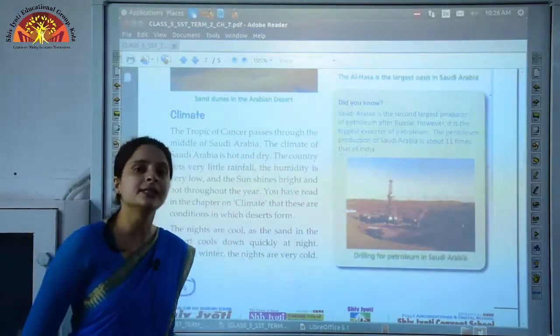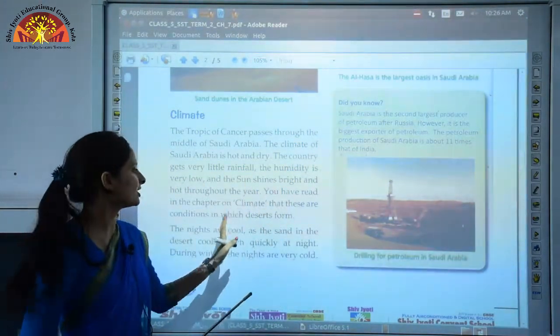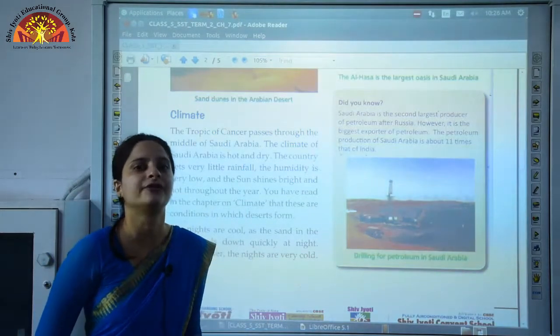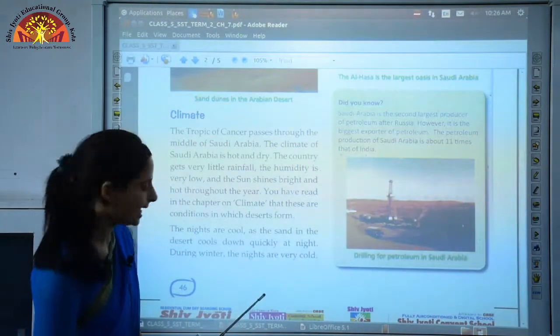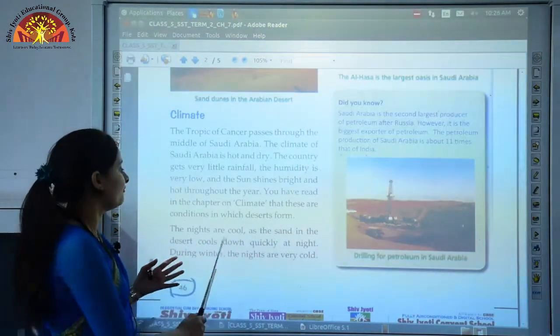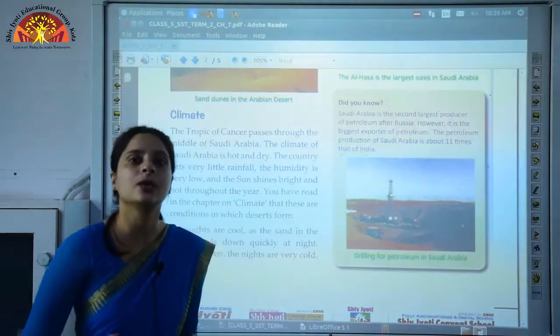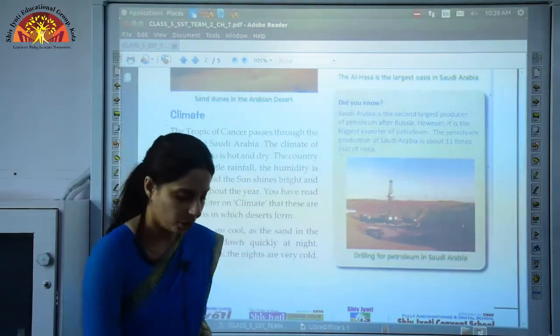And we have learnt in the previous chapter, that is climate, that these all conditions are suitable for the formation of a desert. Okay, and we see the nights are cool as the sand gets cool very fast at night, and during winters it is extremely cold.